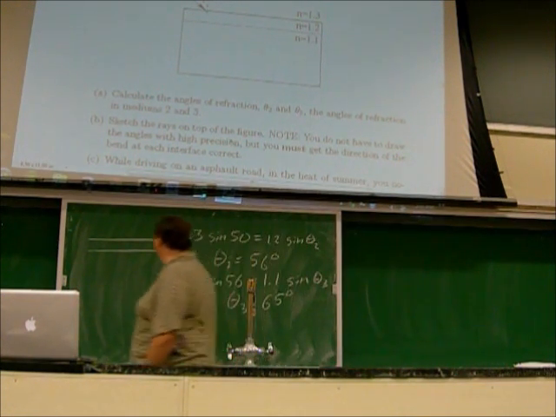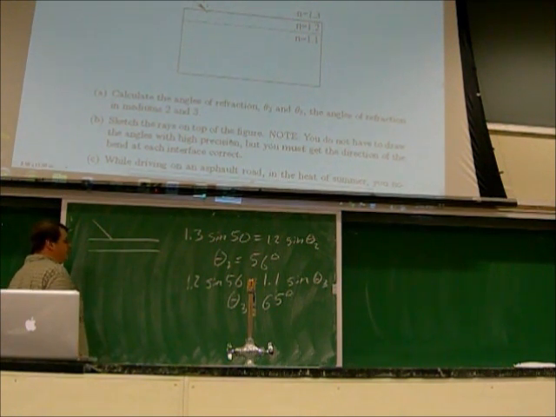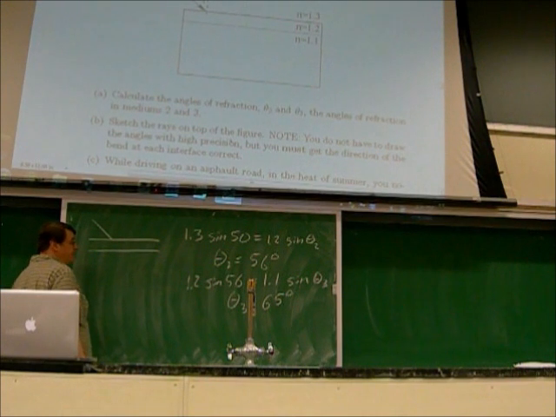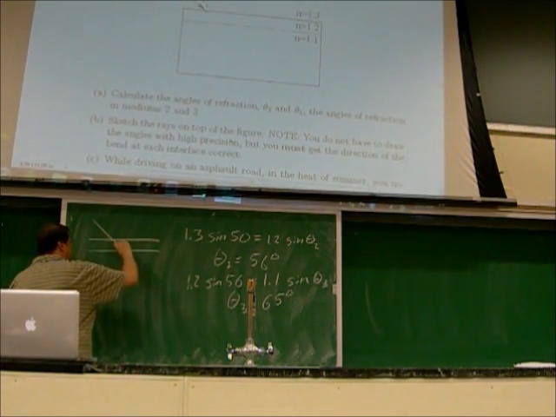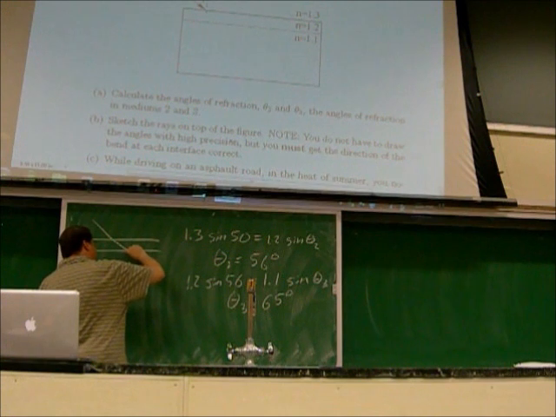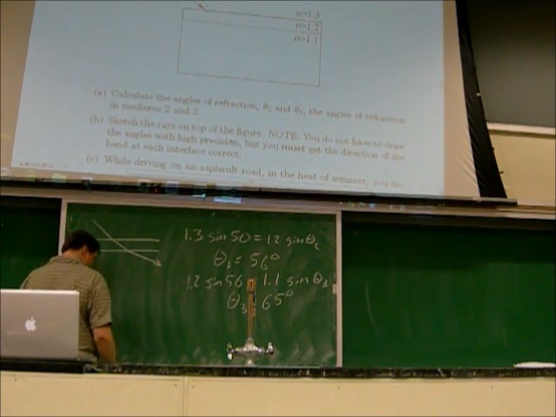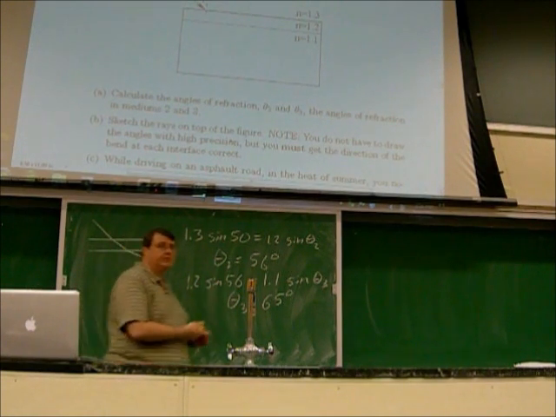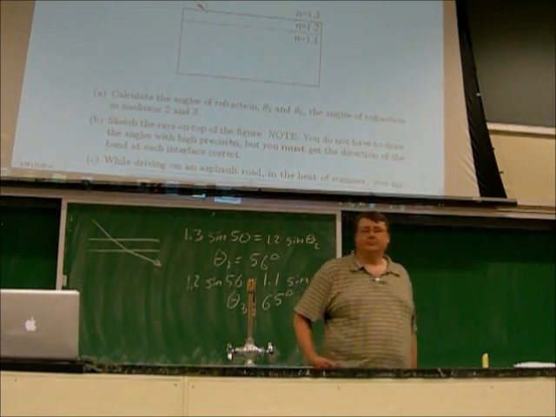Now, drawn on the figure over here, 50 degrees, a little bit more than 45. Then I need to come out even bigger than 50. I'm exaggerating a little bit. At 56, then I need to come out bigger than 56. So does everybody follow that that's what's happening to the light ray? Yes. Okay?